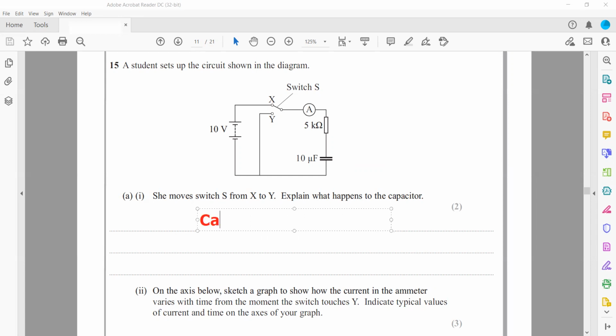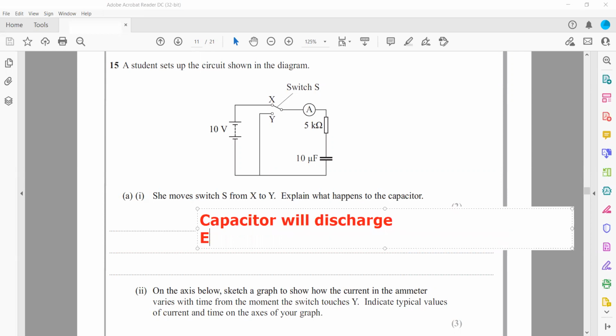So the capacitor will discharge exponentially over a period of time.